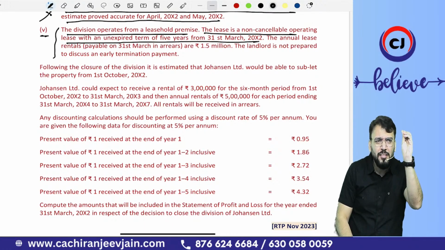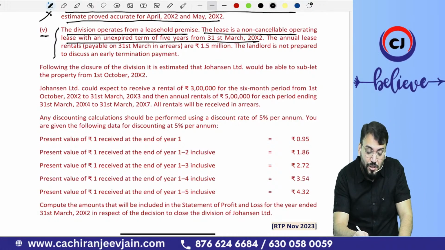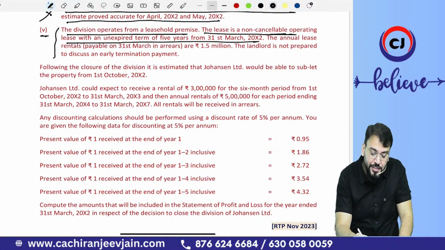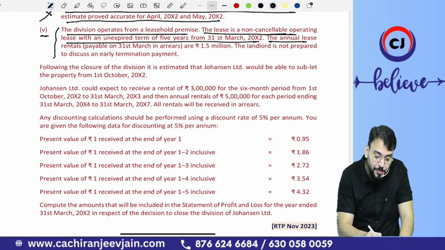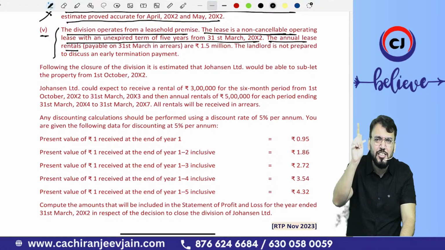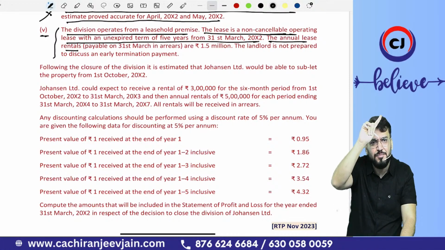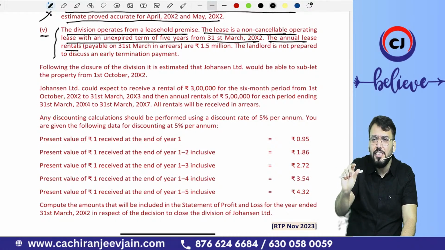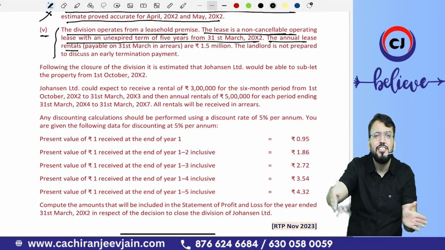Operating lease, you remember? AS 19, operating lease, finance lease. So the lease is a non-cancellable operating lease. In the case of an operating lease, we do not create any lease liability as per AS 19. We need to recognize the total lease payment as an expense over the lease term.